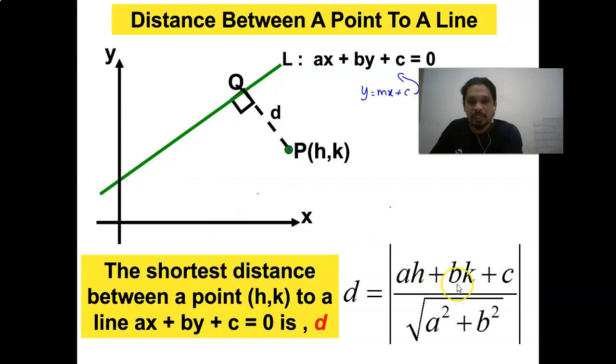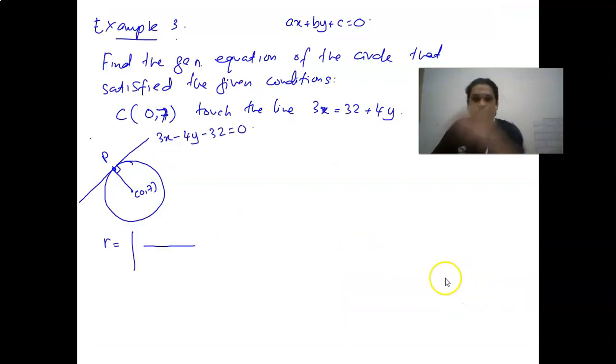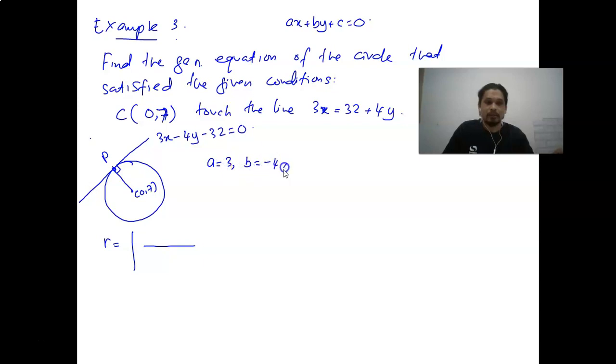AH plus BK plus C, which means that with A equal to 3, B negative 4, C negative 32, H equal to 0, and K equal to 7.